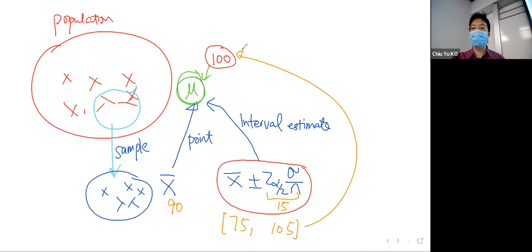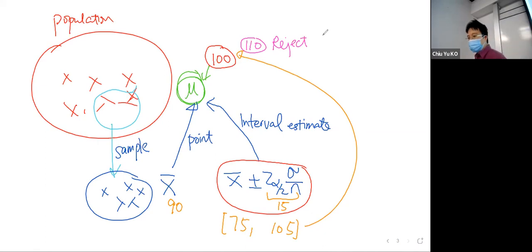But in the other scenario, suppose someone's original claim is not 100 but like 110. Then you would say this claim or hypothesis is getting rejected, because it is far away from what we guess. So hypothesis testing is essentially a reverse way of doing estimation. In estimation, we don't know what it is, and this is our guess.